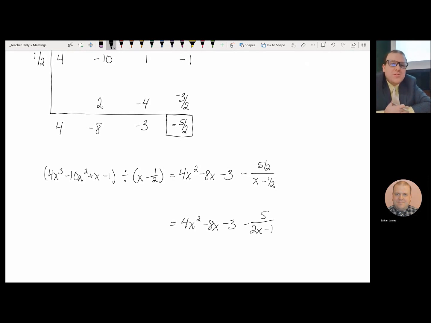Multiply numerator and denominator by 2. That looks much better. Any questions?